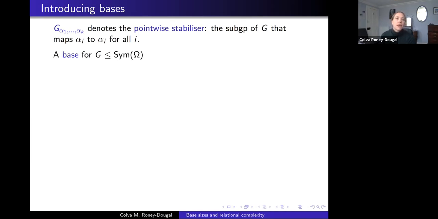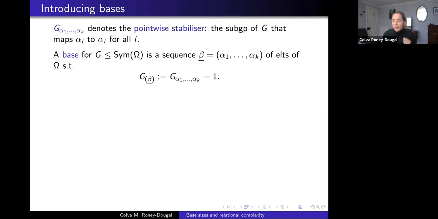All right, then a base for G is a sequence of elements of Omega. So I'm going to care what order they come in, so it's a sequence for me. I'll put a little line under the beta to indicate that I care about the ordering, such that the pointwise stabilizer of those elements, so just to remind you, the round brackets mean I'm pointwise stabilizing those elements, is the identity.